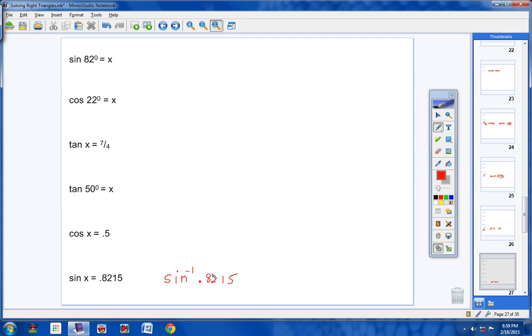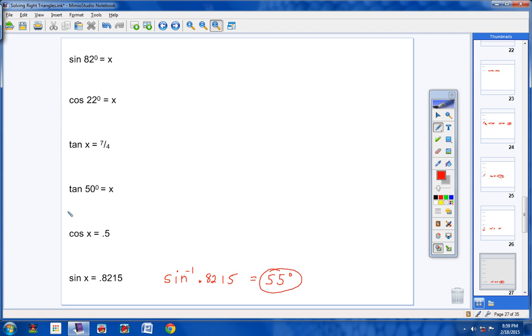Now I've not typed that in yet to my calculator, so let me do that quickly. Second sine, 0.8215, and enter. I'm getting 55.23523262. So 55 degrees. And students, there we go.